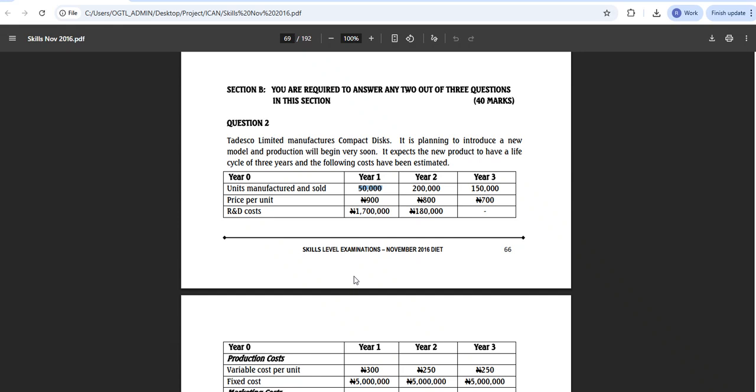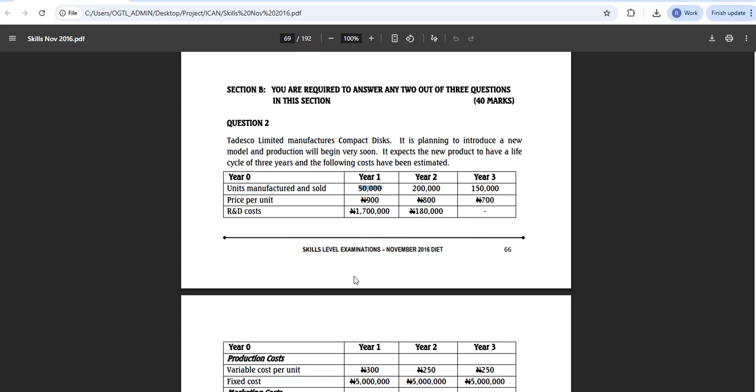Do you understand? Sales is not a cost. Life cycle cost is not talking about the sales. You only identify the sales at each level, unless the question is asking you for the total profits throughout the life cycle. Aside from that, please don't include your sales.